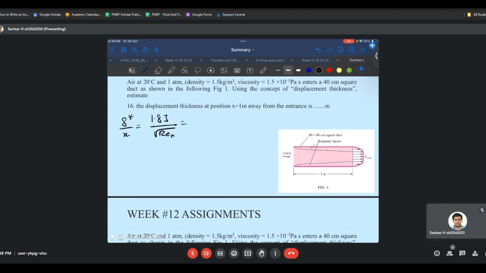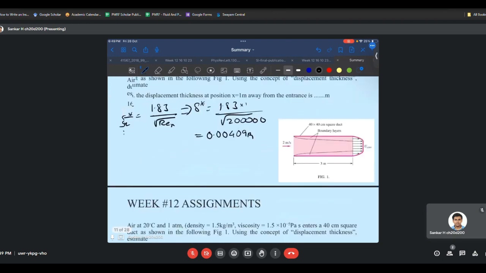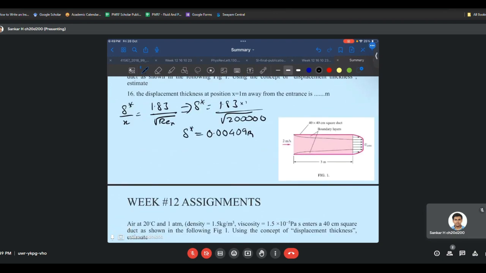We can find delta star from this, which is 1.83 times 1 by square root of 200,000. And you'll get the answer as 0.00409 meters. Okay. Which is basically 4.4 centimeters.